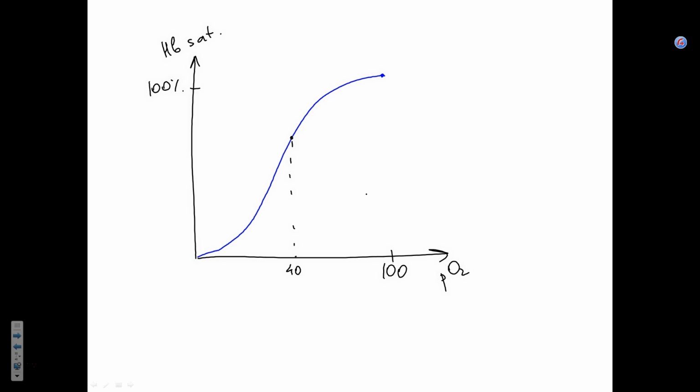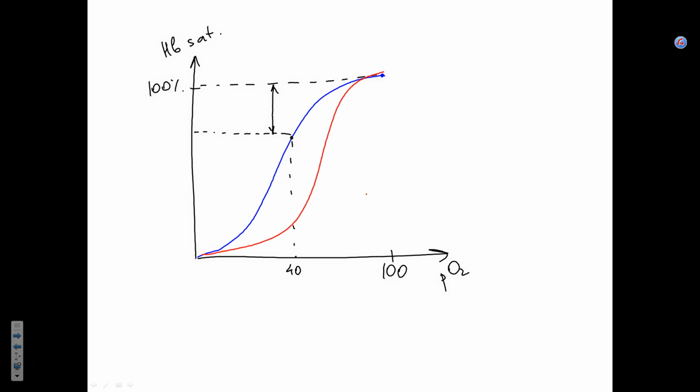Let's take a look at how much oxygen is actually unloaded. That's the unloading. I'm not going to give any numbers; numbers are not that important. Now, let's see what happens if this curve shifts to the right. I'm going to draw the curve that shifts to the right in red.